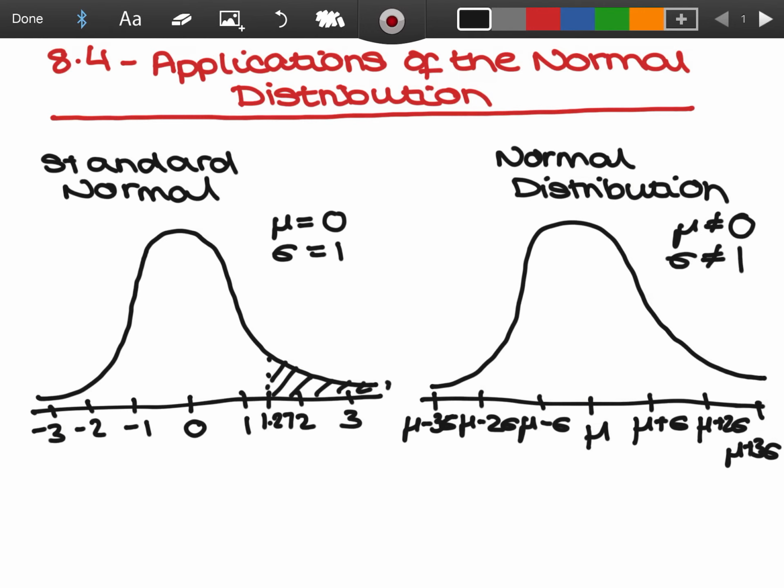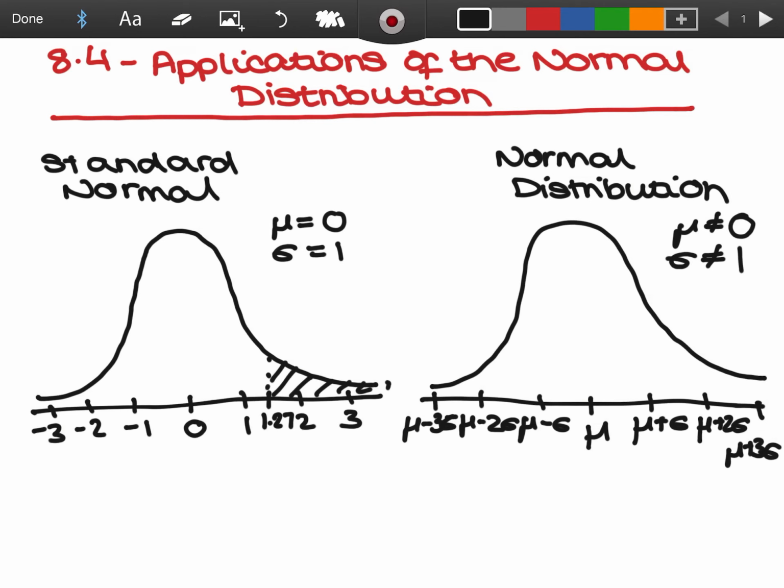But how do we do those calculations when we don't have a mean of 0 and a standard deviation of 1? Can we still use normal CDF to find those probabilities, to find those areas? And can we still use inverse norm in order to find our values? Well, the answer is yes, but the main issue that you come across is actually looking at an example like I just said.